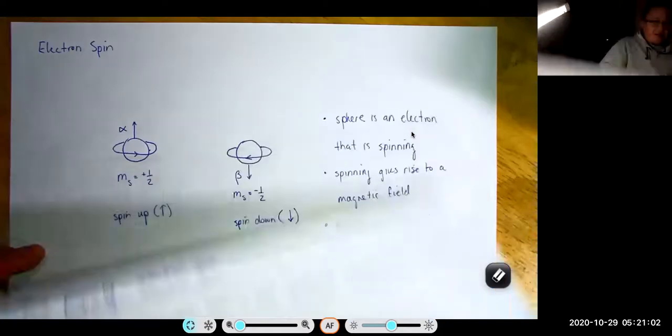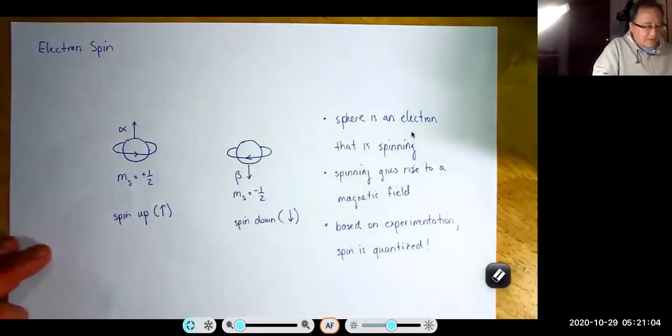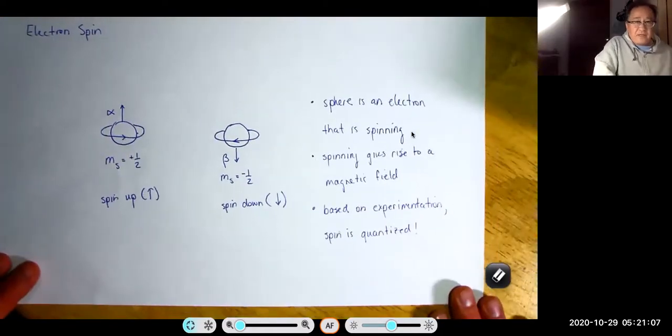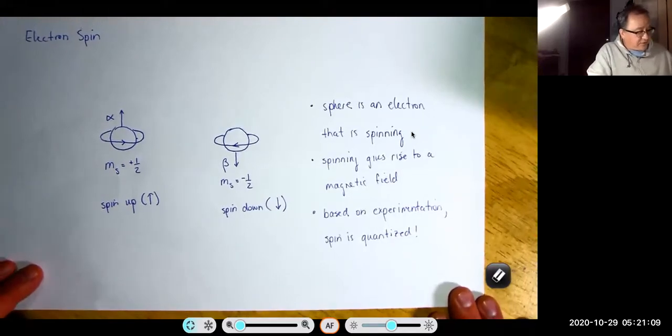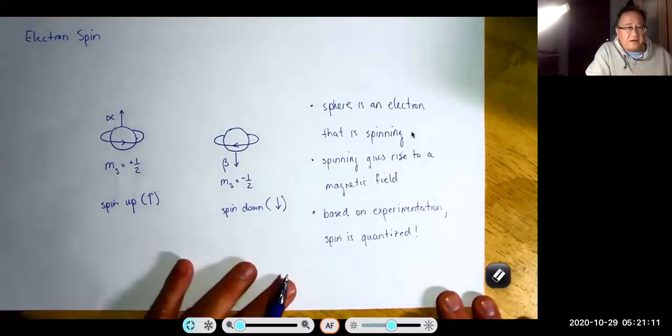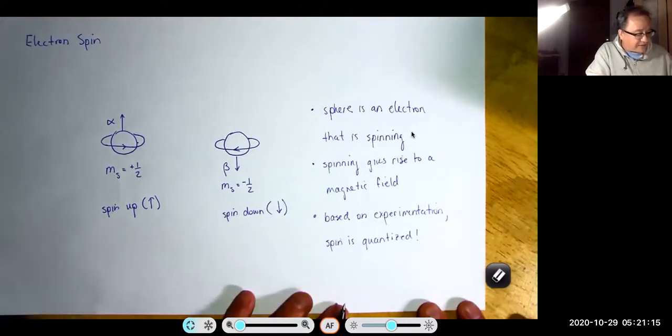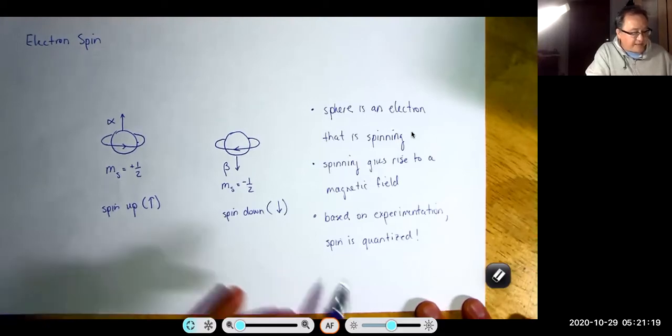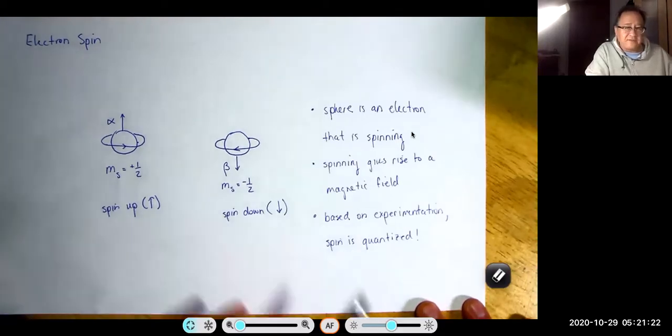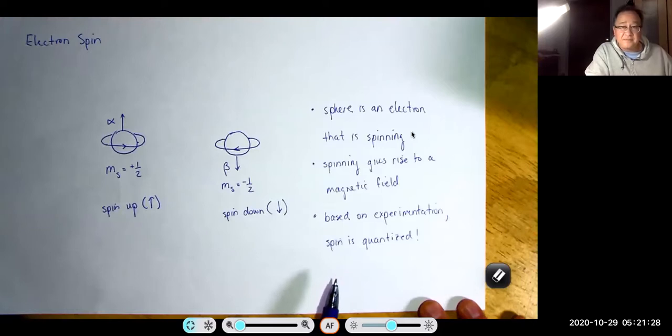So it turns out that when we talk about electron spin, some experimentation was done on atoms, and it was found that some atoms have a magnetic field. And the best way to explain the magnetic field of atoms is that the electrons spin.